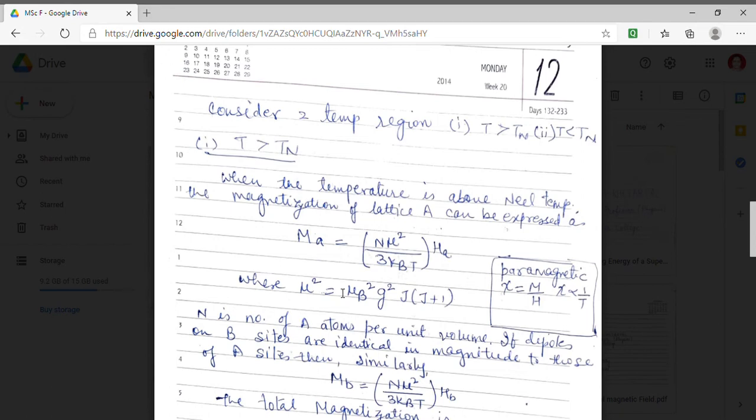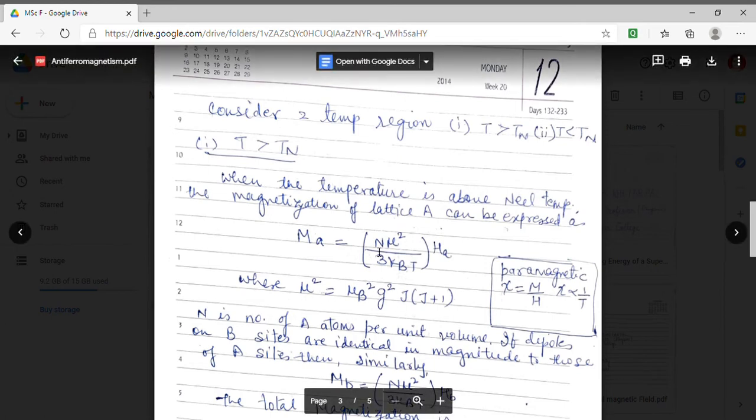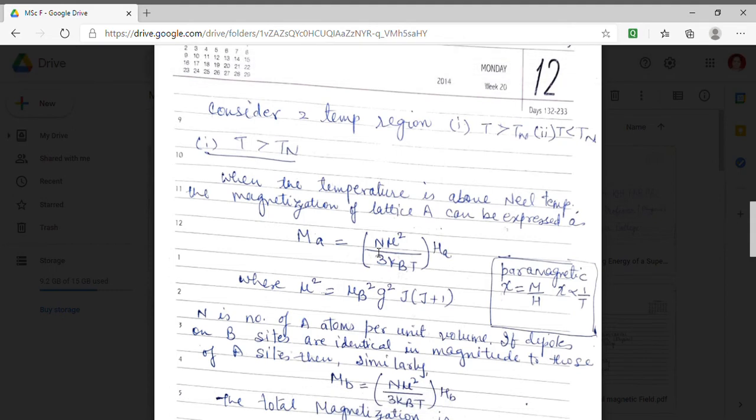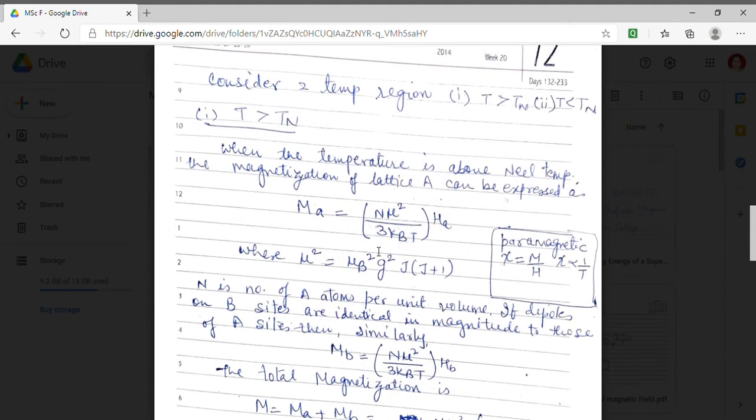Here mu square is mu B square g square j into j plus 1, where j is the total quantum number and g is the Landé factor, n being the total number of atoms per unit volume. Similarly, we can write the magnetization of lattice B as n mu square upon 3 kBT Hb.